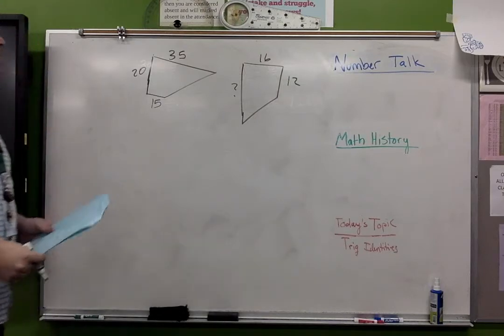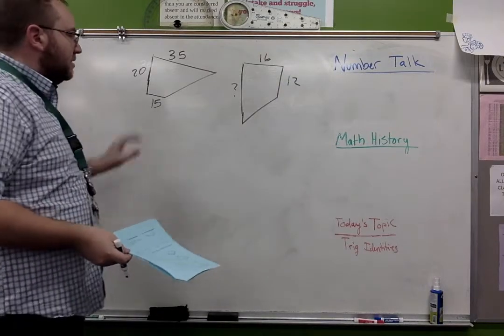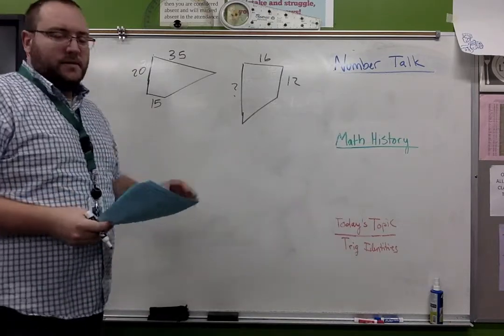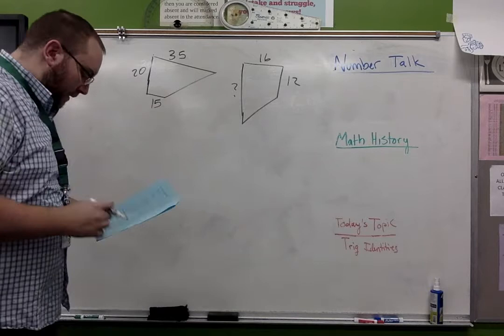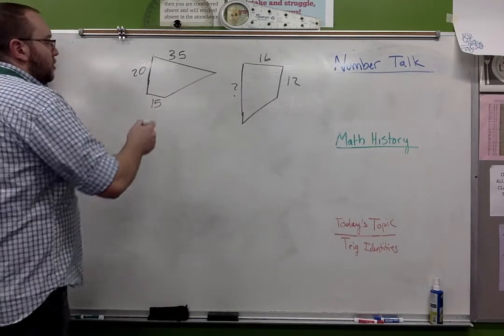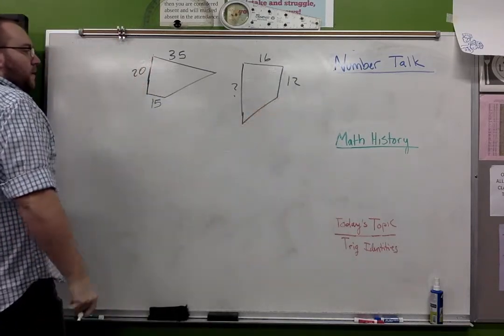Now notice that these shapes are rotated. They're not just reflections of each other or just a transformation. Well, it is a transformation, a translation, excuse me. It's not just a translation across. So we got to find corresponding sides. Short side corresponds with short side, right?